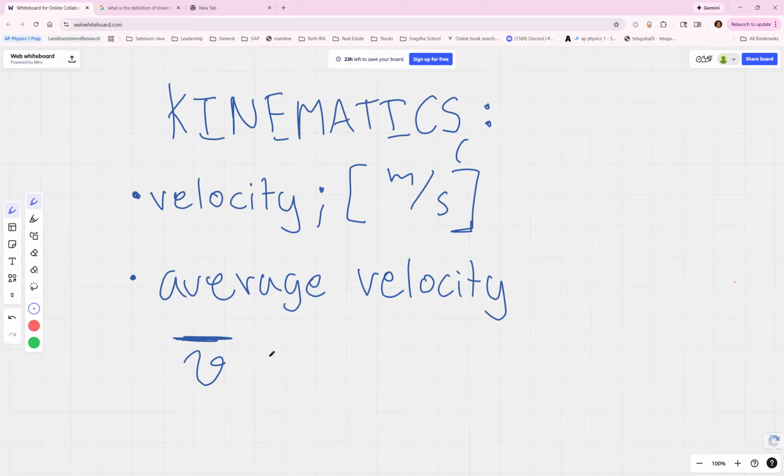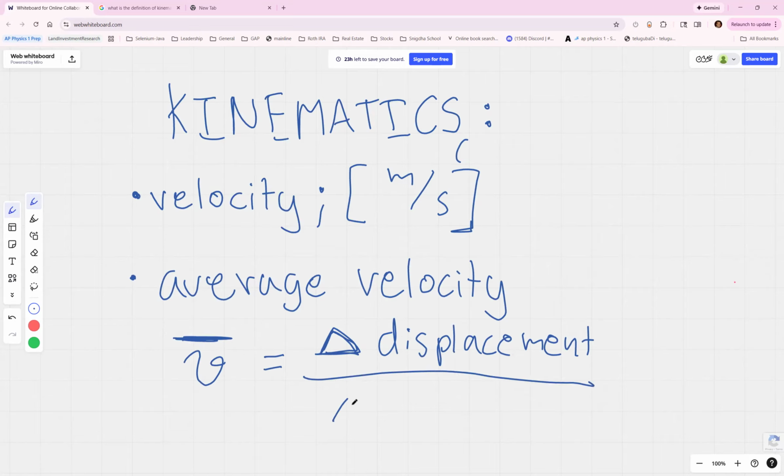So the average velocity is given by the change, so the delta represents change in displacement, divided by delta time, so change in time. It gives you the average velocity.